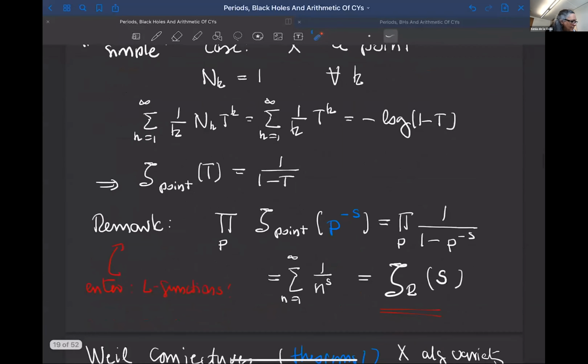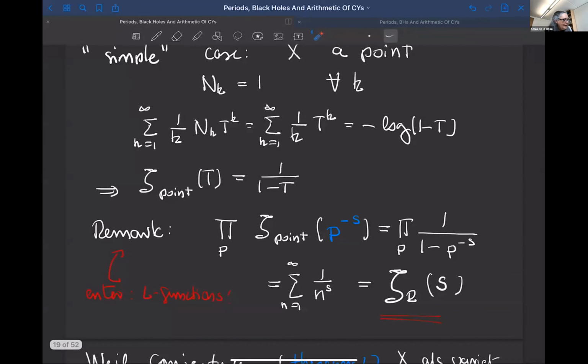But now look what happens. Now let's consider the product over all the primes of this object evaluated when t is p to the minus s, where s is real. But this can be extended to complex numbers, but let's consider a real number here.